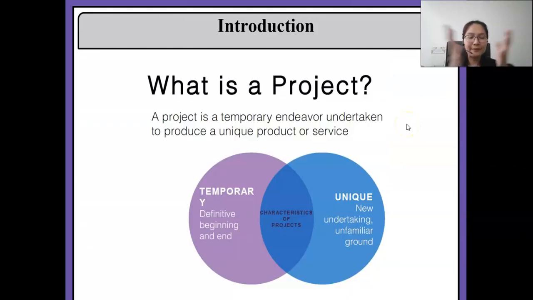Okay, before that, you need to know what a project is. A project is temporary but unique. That means you have to solve an issue that is unique and temporary. If you get work that is not temporary and not unique, that means it is generic and routine work.